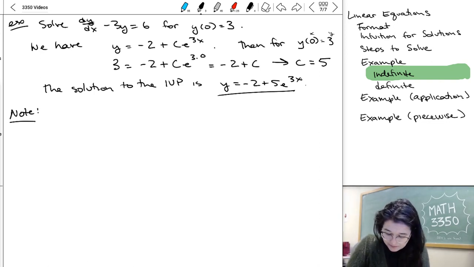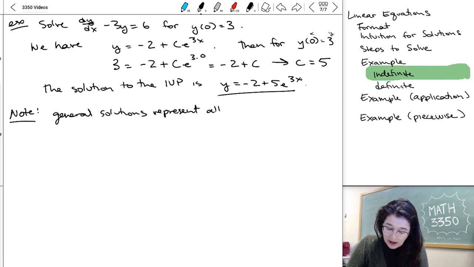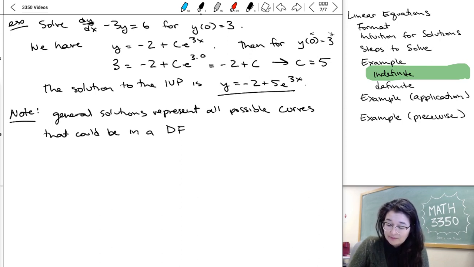So general solutions represent all possible solutions, and in particular, relating that back to direction fields, that's all the possible curves that could be in a direction field. So all those different places you clicked in the dfield software, or all the different places we traced through arrows, those all belong to the family of general solutions, where c can take on any value to match that curve.